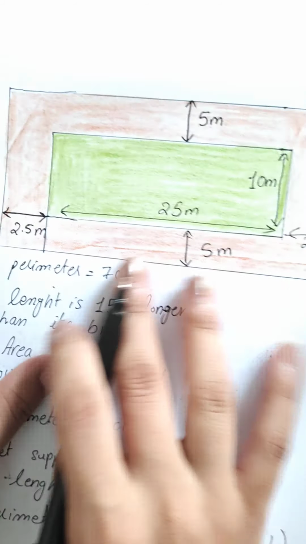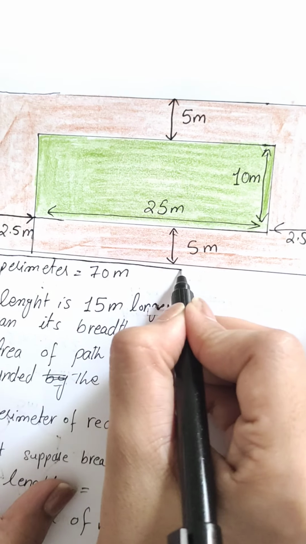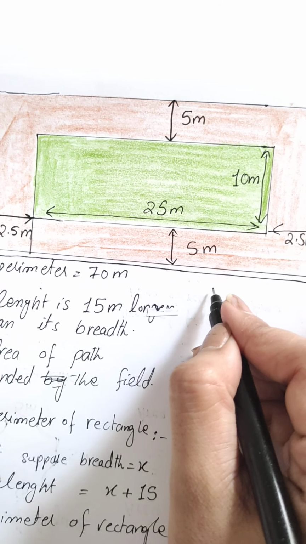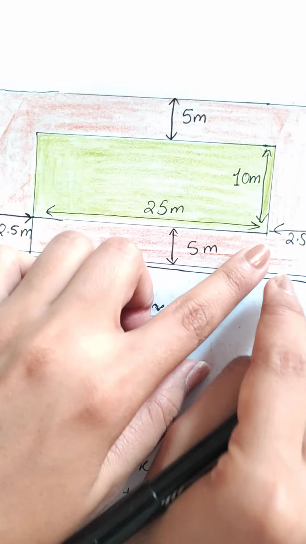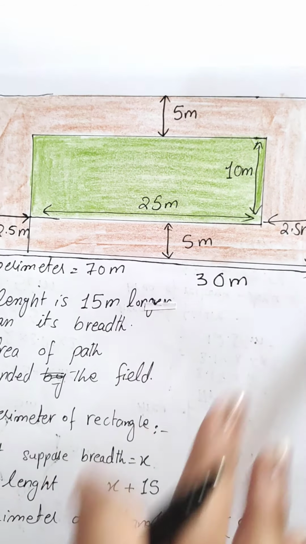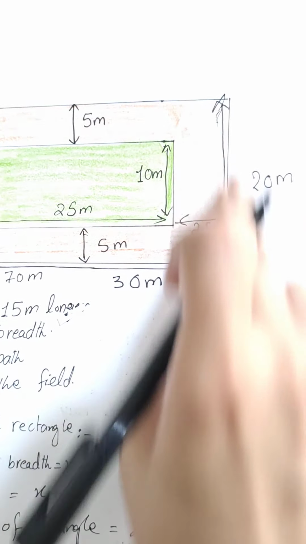So what will be the length? 2.5 plus 2.5 becomes 5 meter, plus 25. The complete length of this rectangle becomes 25 plus 5, which is 30 meter. So the length of the big rectangle is 30 meter and the breadth is 20 meter.